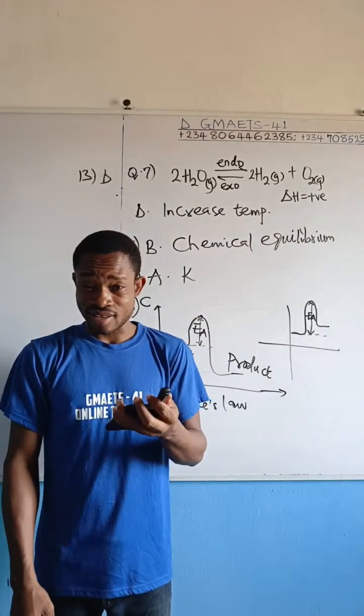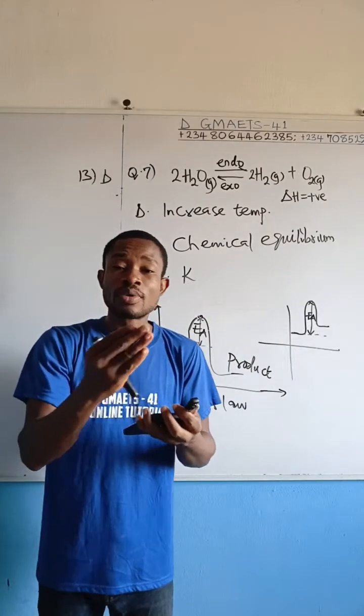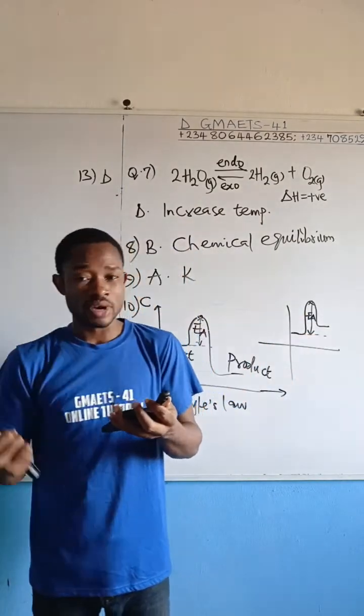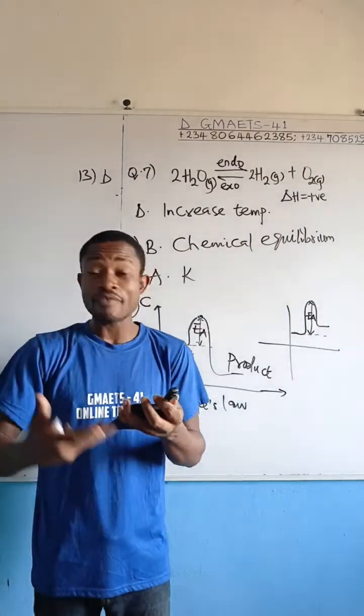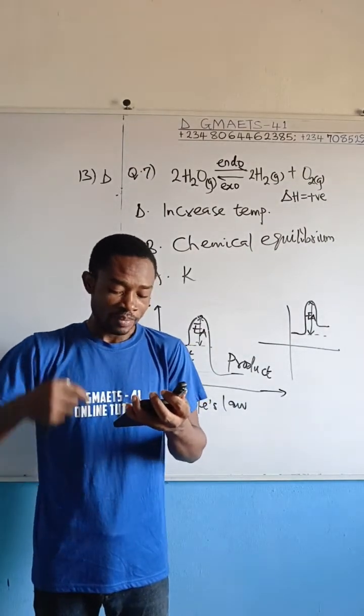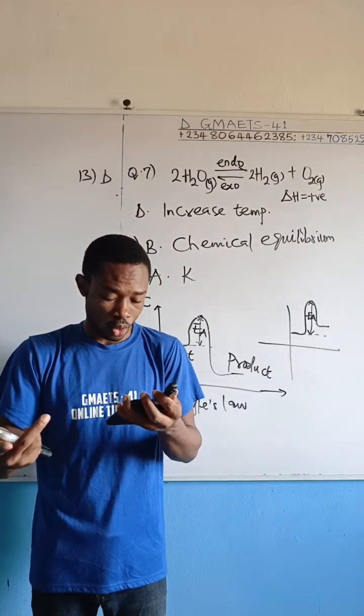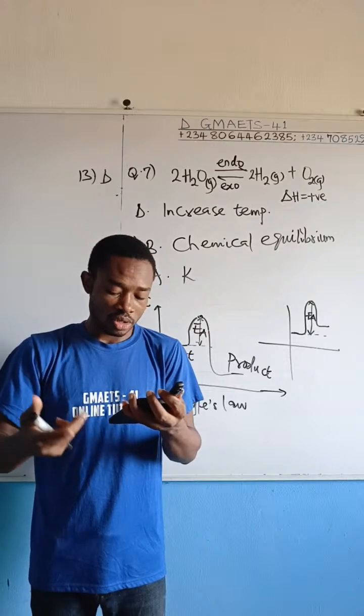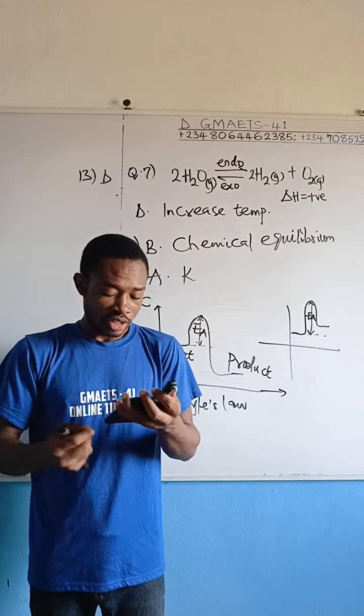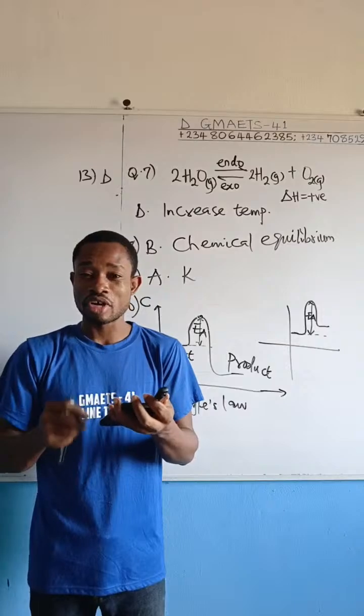And of course, that's the answer. No time to waste. At equilibrium, the rate of forward reaction is equal to the rate of backward reaction. We have other funny options like B, greater than the rate of the backward reaction, is not true. At equilibrium, they are equal, like we say. C, not equal to the rate of the backward reaction, is not true. D, lower than the rate of the backward reaction, is not true.